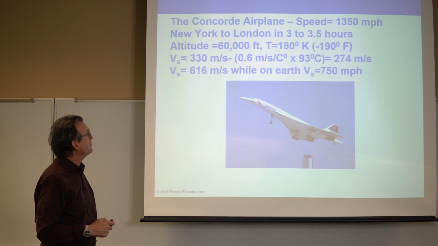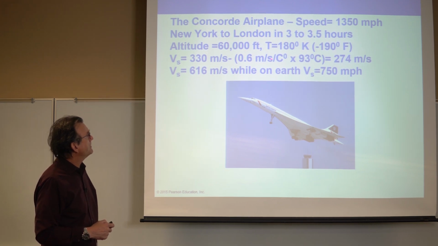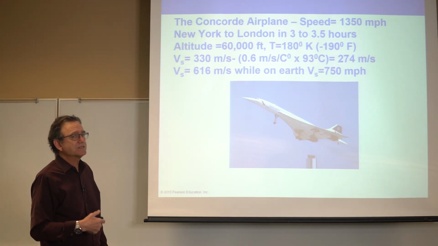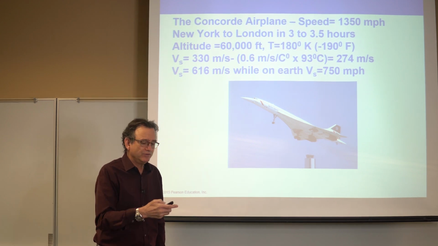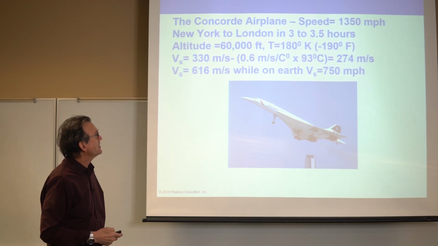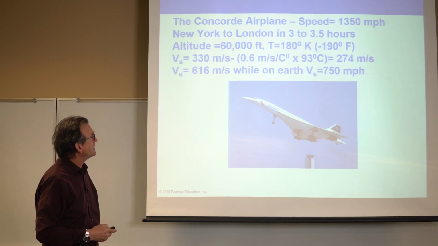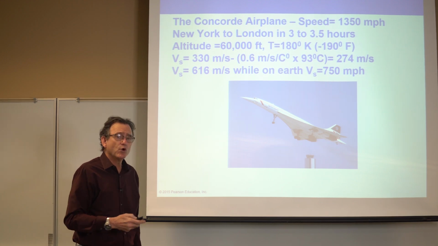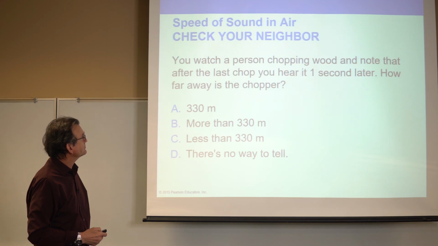Therefore, the speed of sound will be dropping by 93 times 0.6 meters per second, giving a lower velocity. And now we can say that it is traveling at twice the speed of sound at the altitude at which it's flying. So the speed of sound does go down as you go to higher altitudes, because it's also colder, and colder air has slower velocity of sound.